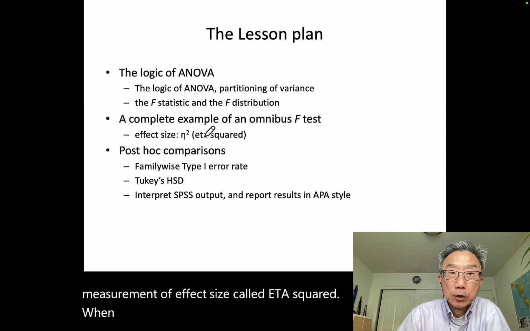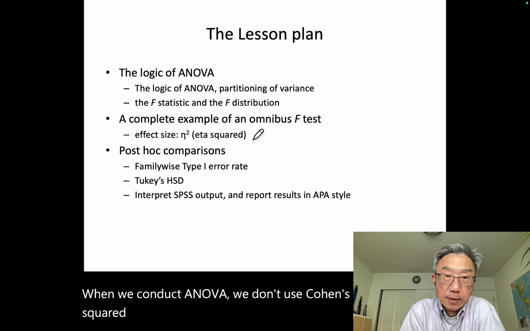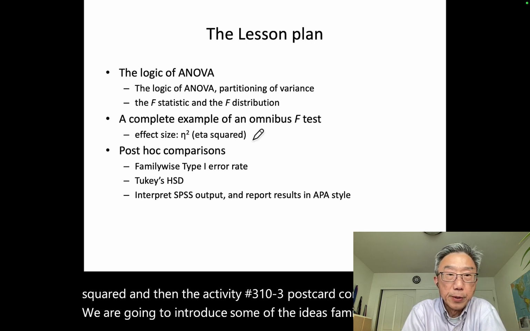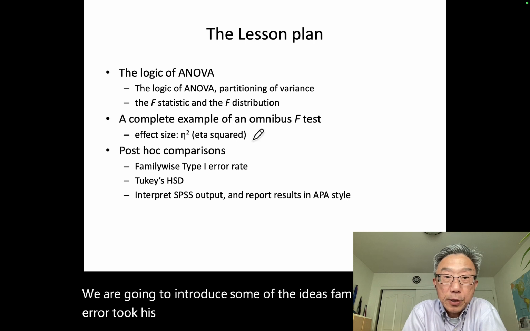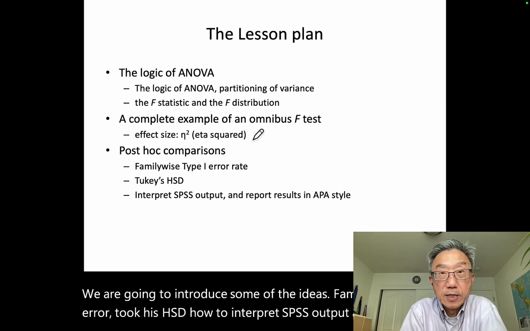When we conduct ANOVA, we don't use Cohen's d, we use eta squared. And then Activity 3, post-hoc comparisons. We are going to introduce some ideas: family-wise Type I error, Tukey's HSD, how to interpret SPSS output, and report the results in APA style.